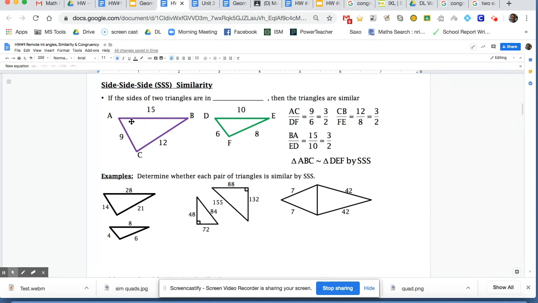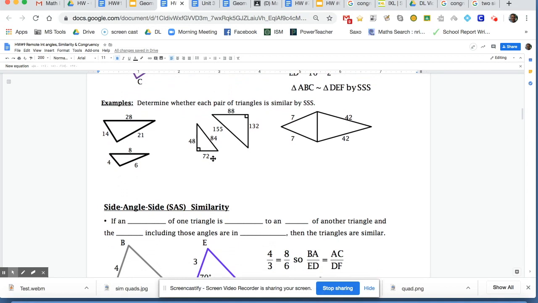So in this case, we can look at 9 to 6, that's 3 halves. And then we could look at 12 to 8, and here's a 12 to 8 here. That's also 3 halves. And then 15 to 10, that's also 3 halves. We can also use this ratio here, these two, and then go to the next two, and then go to the last two. And we can compare them that way as well, as I showed before.